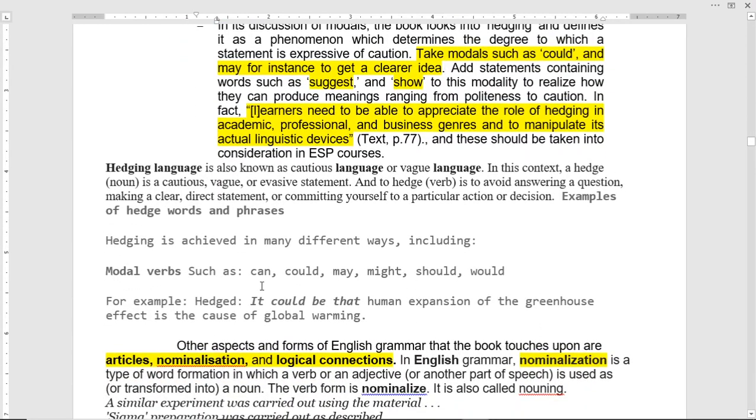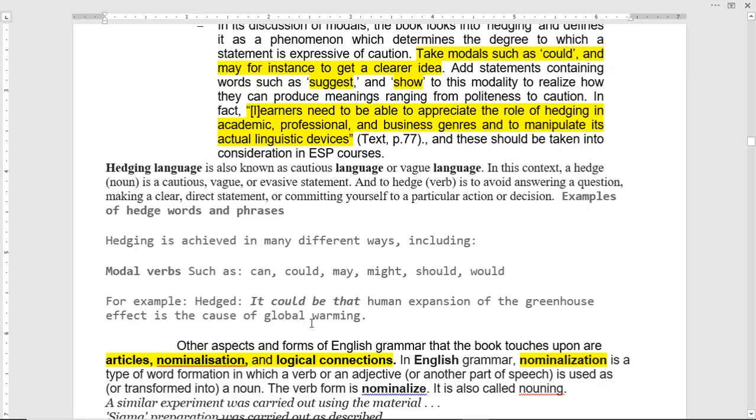look at these examples. These are the modals, of course: can, could, may, might, should, would. So an example is, it could be that human expansion of the greenhouse effect is the cause of global warming. It could be, but there can be other means.